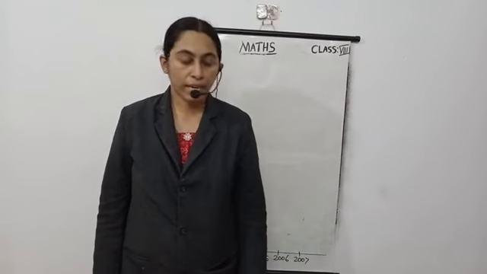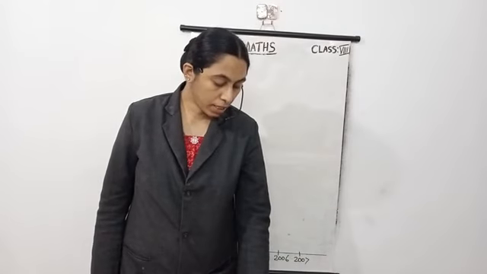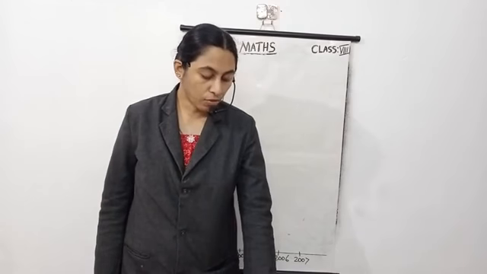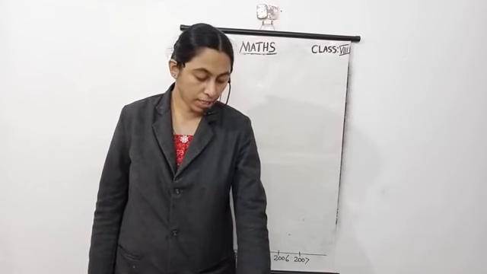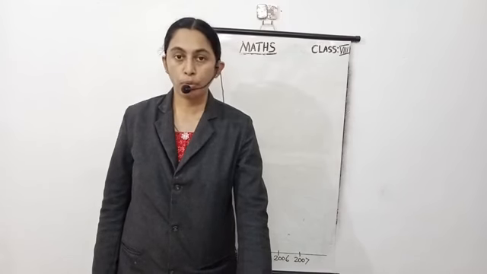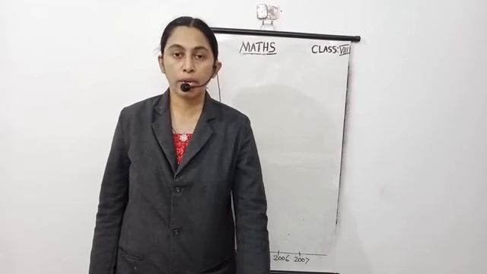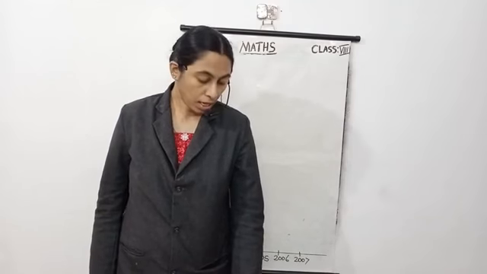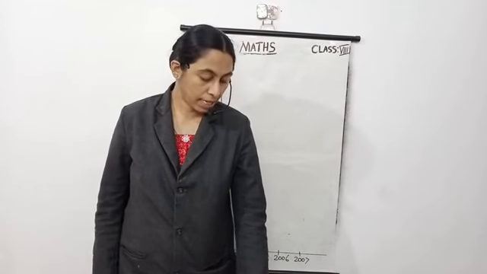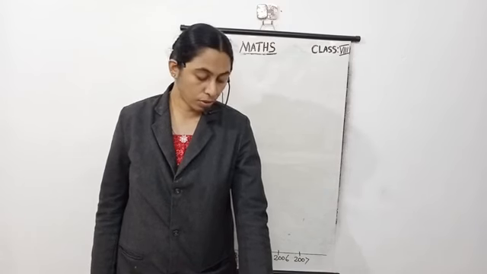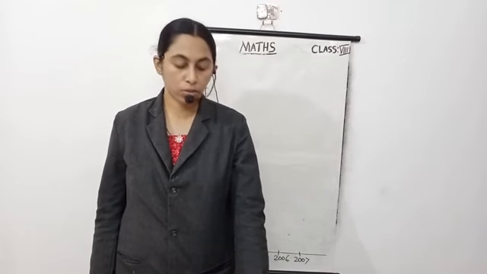Next, question 5b. Population in thousands of men and women in a village in different years. So the population of men and women is given separately in a village. Years 2003, 2004, 2005, 2006, 2007.